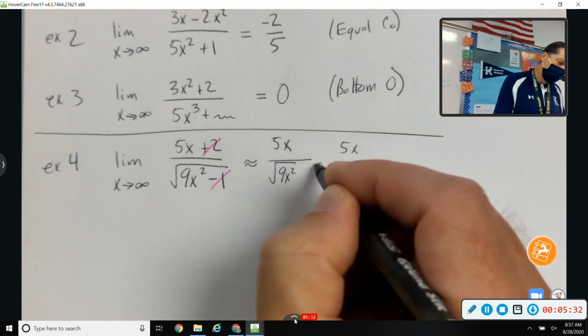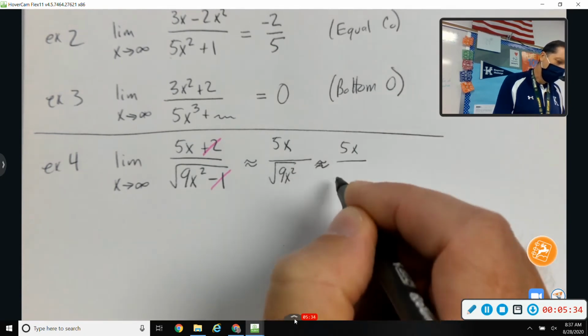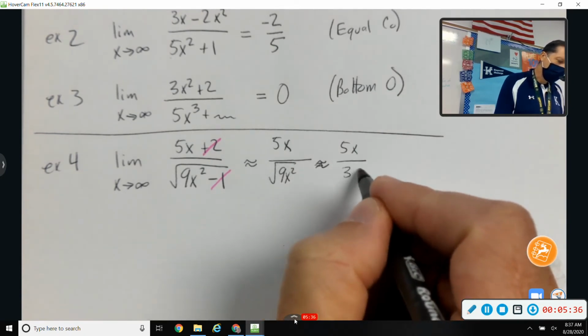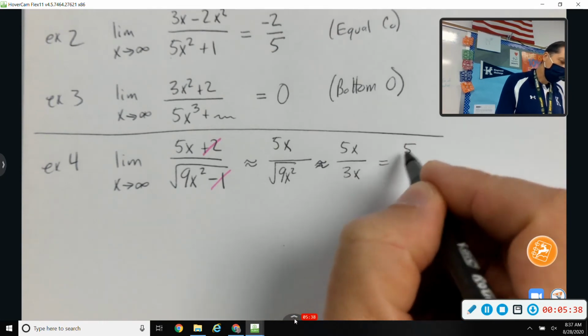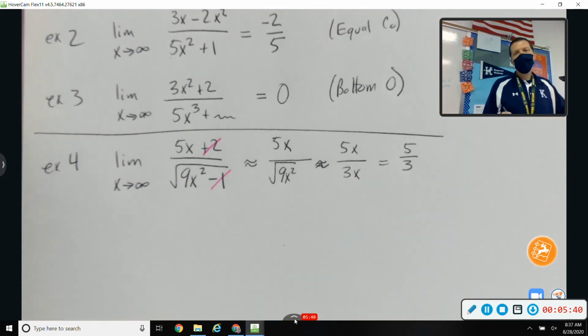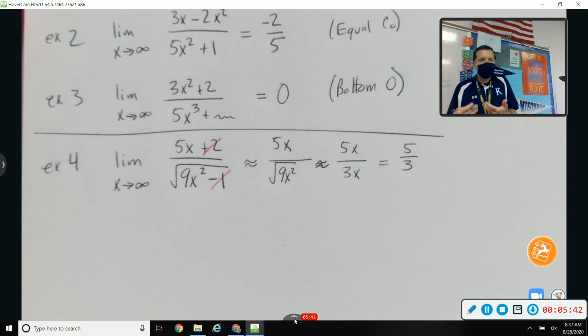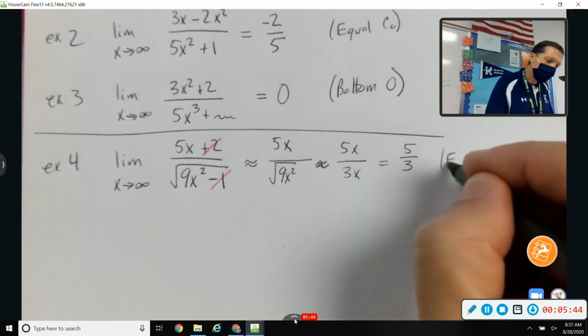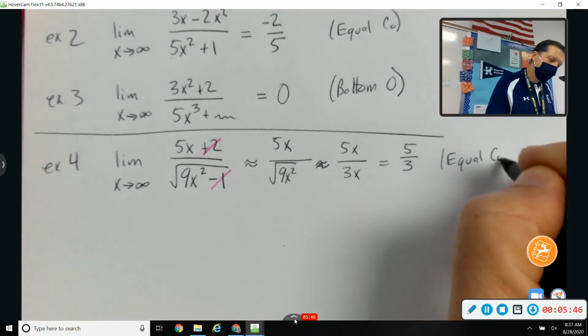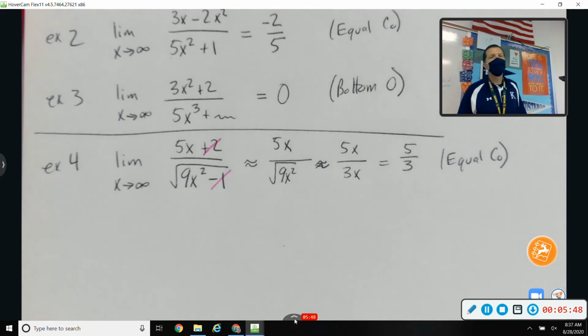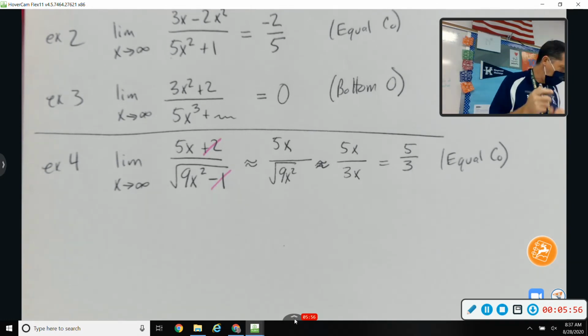So this is all approximate now. But when x gets really big, it still works. So it's 5/3. It's sort of an equal co problem, but not really. But kinda. So with the square roots and squareds, you just have to be careful in there.